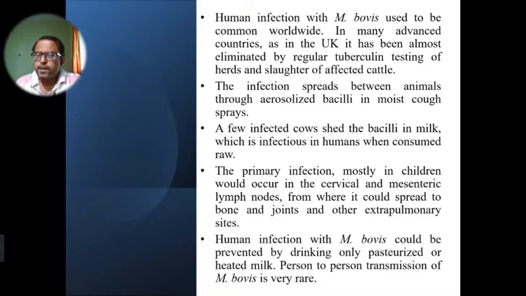Here in the UK, animals with this kind of infection have been tested for tuberculin. Tuberculin is a test which detects immunity against the pathogen Mycobacterium tuberculosis or Mycobacterium bovis. If the tuberculin test is positive, it indicates that the host has already suffered from TB infection.